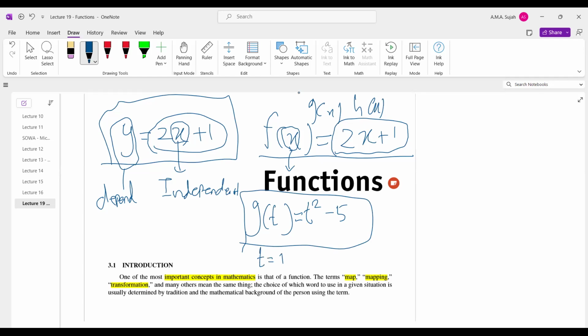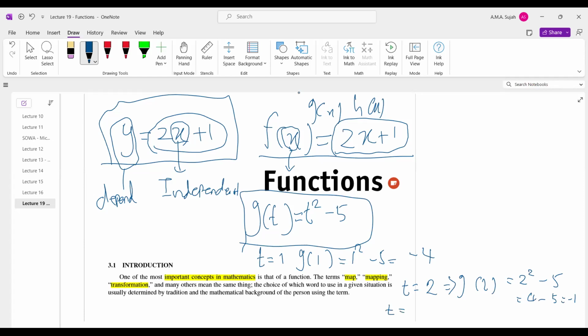So depending on the variable t, the values are changed, right? If I put t is equal to 1, then g of 1 is equal to 1 squared minus 5. So 1 minus 5 is equal to minus 4, right? Similarly, if I put t is equal to 2, then g of 2 is equal to 2 to the power 2 minus 5. Then the value is 4 minus 5, minus 1, right?